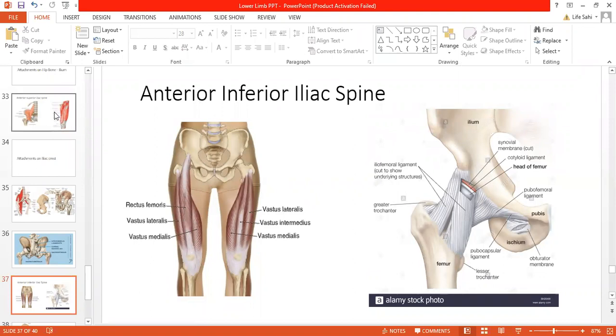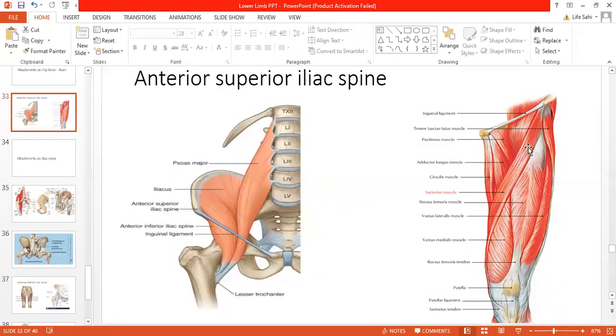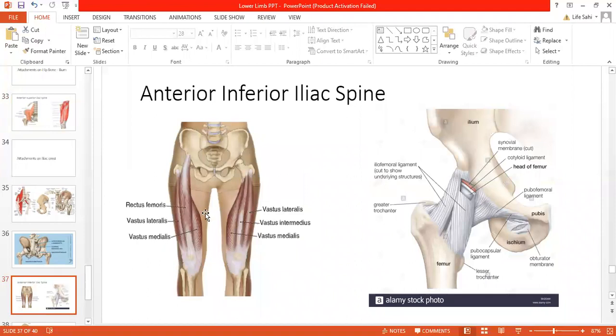From the previous diagram, you can see that the superficial most muscle is sartorius, and when you cut it away, you will see below it the rectus femoris. So here is the rectus femoris taking origin via its straight head from the anterior inferior iliac spine.